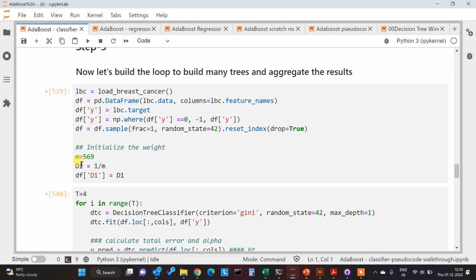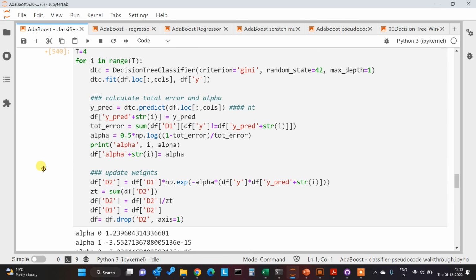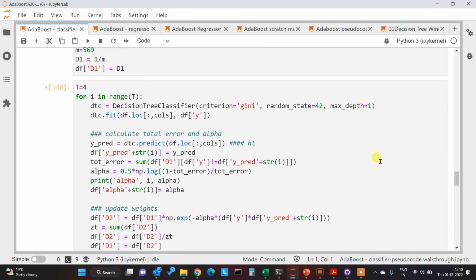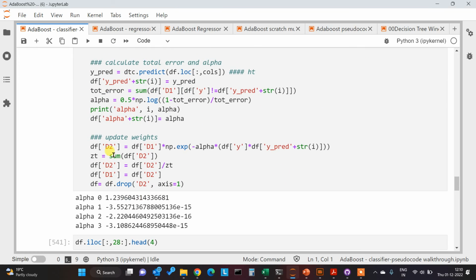We calculate the initial value of weights as 1 by m, and now we are starting the for loop, and within the for loop we are building the model, getting the predicted value and calculating the total error, then amount of say, and afterwards we are updating the weights as D2.